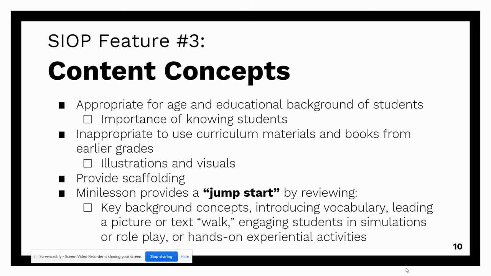All of that can jumpstart this information, and then you can refer back to that mini lesson as you progress into the main focus of your lesson, and that helps build understanding and awareness of the content.